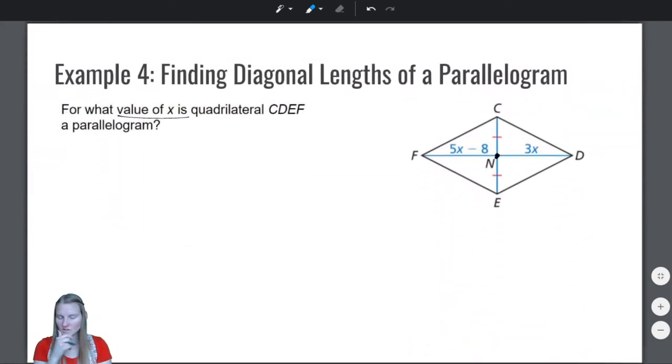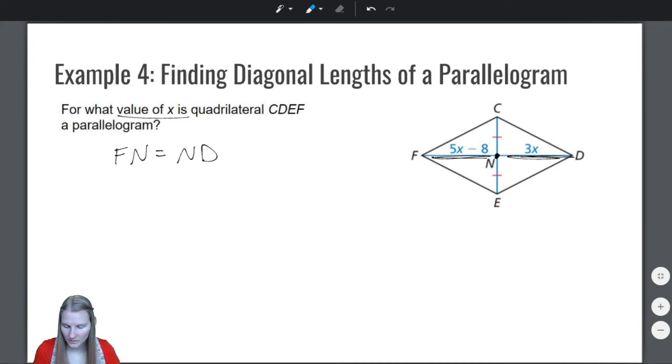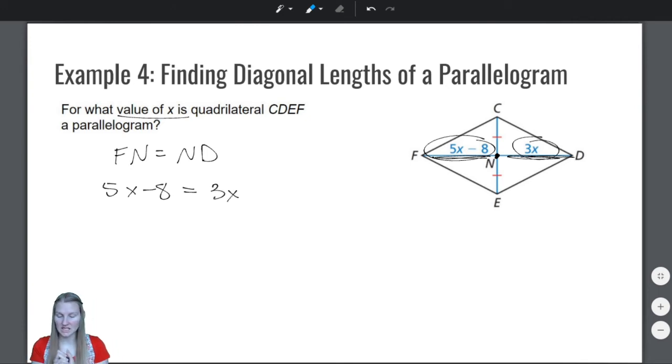So what I would need is for FN to be the same as ND. Then both of the diagonals would bisect each other. So, we would need FN, which is 5x minus 8, to be equal to ND, which is 3x.